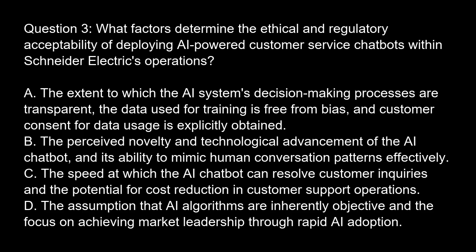Option B. The perceived novelty and technological advancement of the AI chatbot and its ability to mimic human conversation patterns effectively. Option C. The speed at which the AI chatbot can resolve customer inquiries and the potential for cost reduction in customer support operations. Option D. The assumption that AI algorithms are inherently objective and the focus on achieving market leadership through rapid AI adoption.